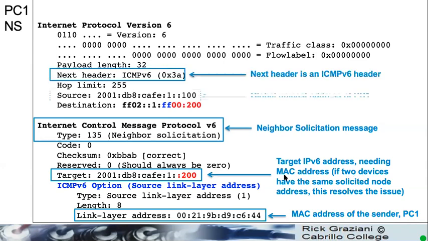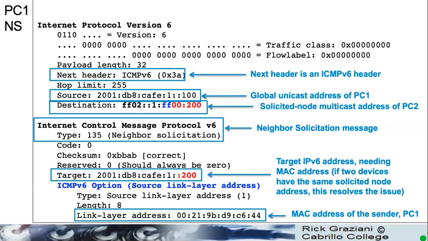There's our next header field. Here's the source address of the neighbor solicitation message. Here's the destination address, and this is created from the target address, the address we're looking for. Notice that we're looking at the last 16 plus 4 plus 4, so 24 bits here is what we're mapping from here to here.